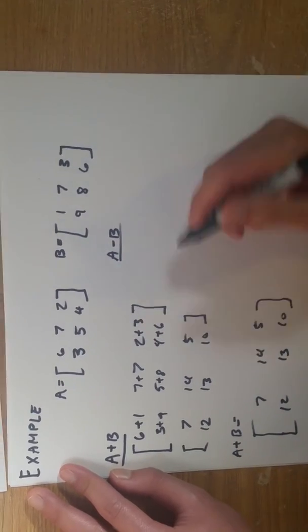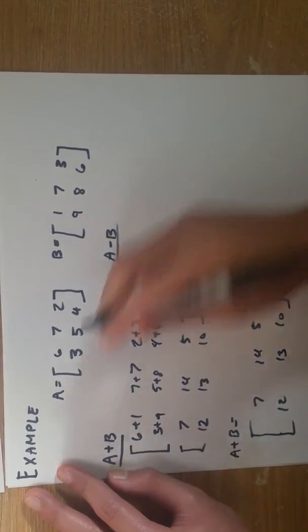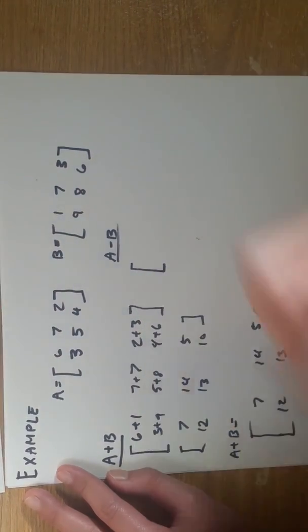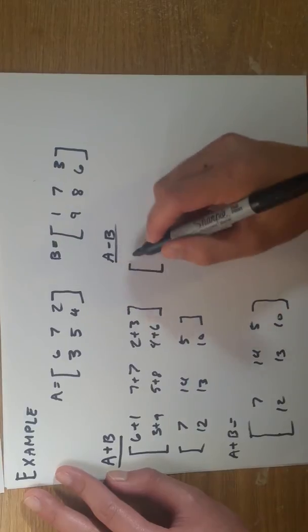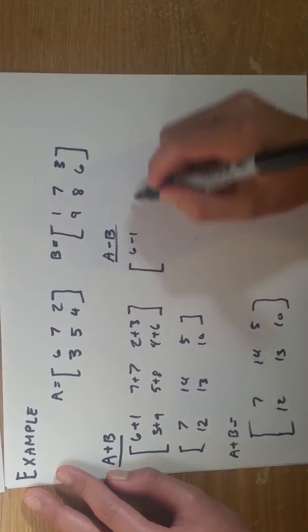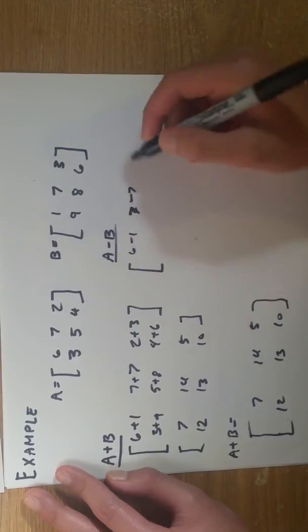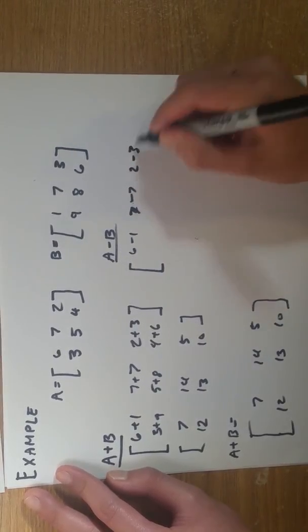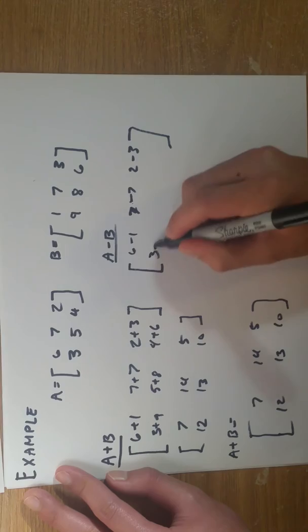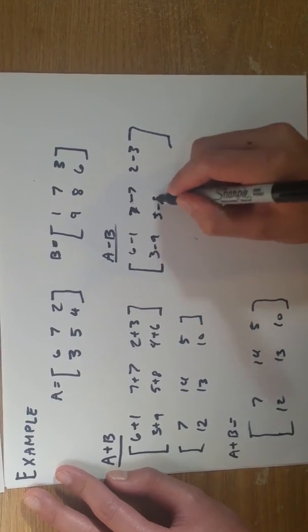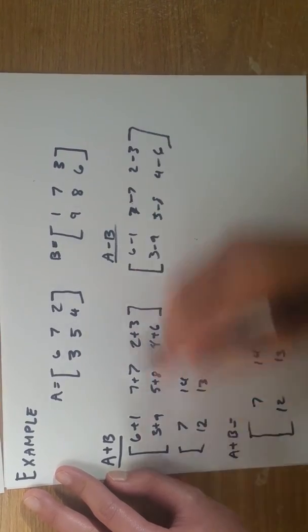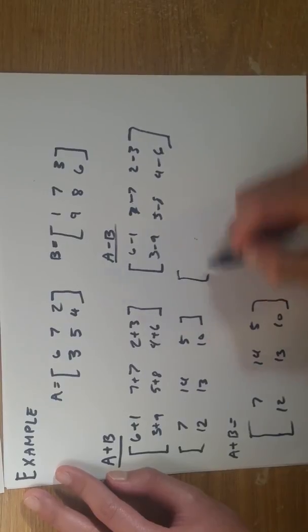And then A minus B, as usual. So start with the first terms and just snake your way down. 6 minus 1, 7 minus 7, 2 minus 3, 3 minus 9, 5 minus 8, and 4 minus 6. Yep. So then again, simple subtraction.